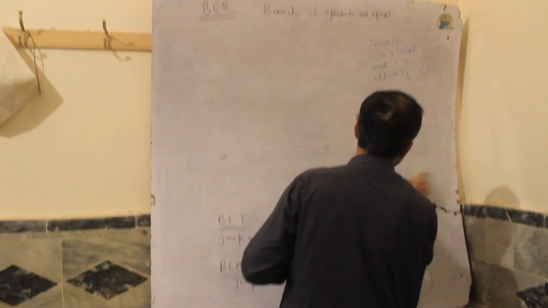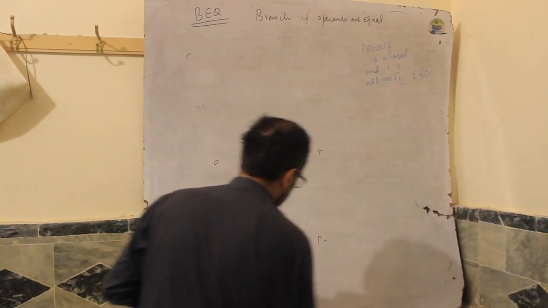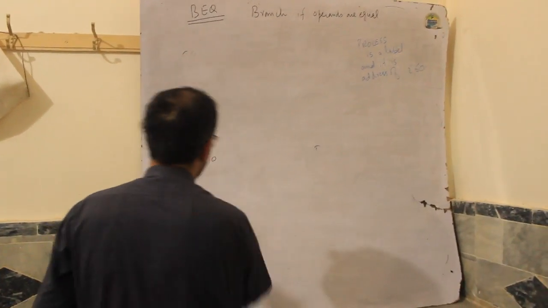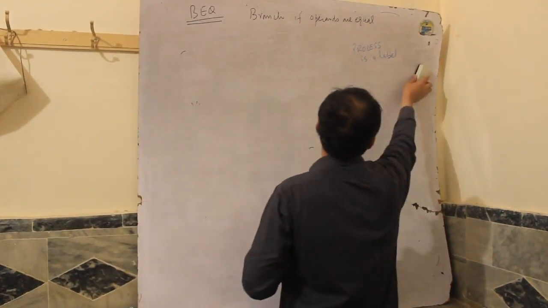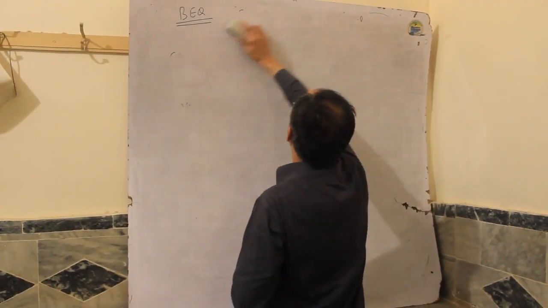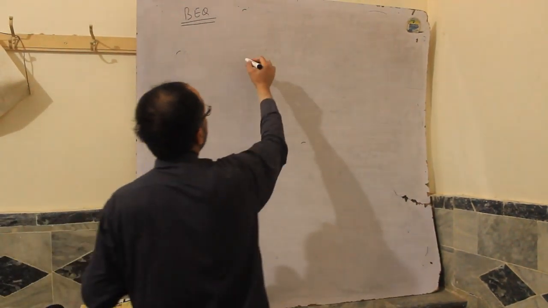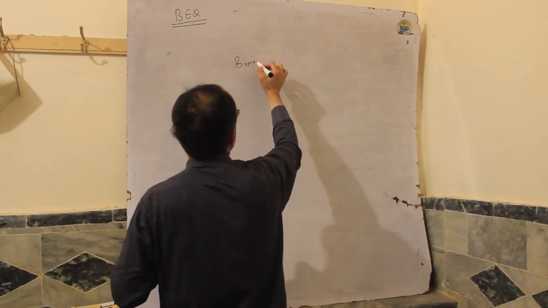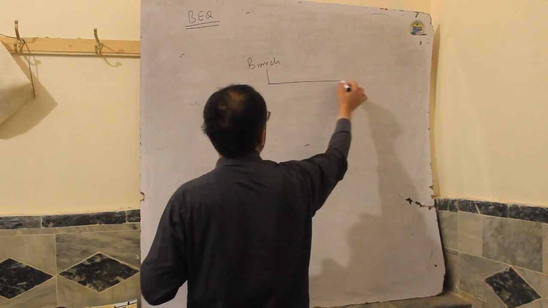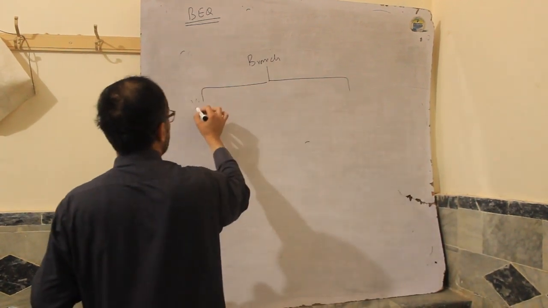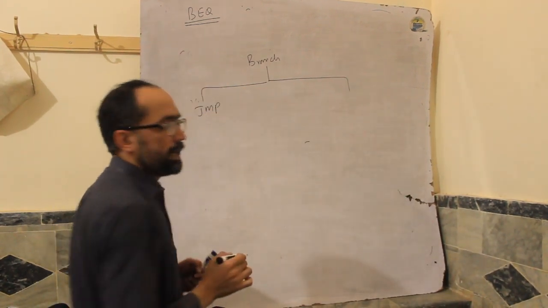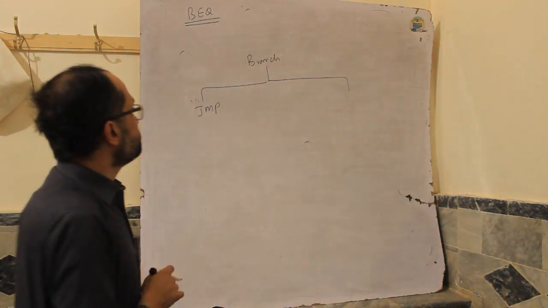In an unconditional branch instruction, a jump is always made, while in a conditional branch instruction, a check is made. So branch instructions consist of two types. One is the jump instruction, in which an unconditional jump is made.